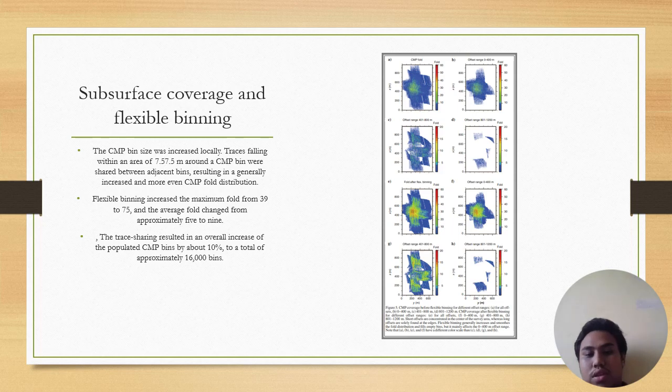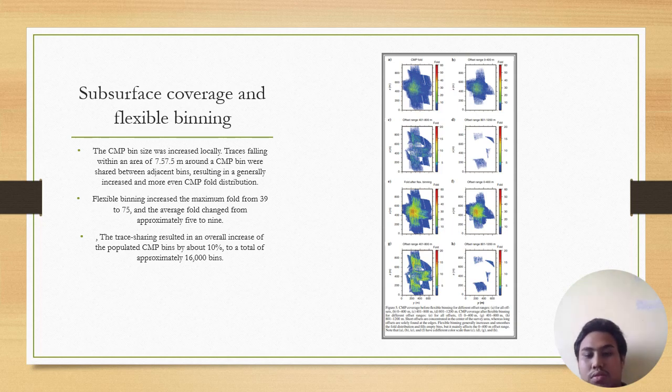As you can see on the screen, the picture shows the folding of the binning in A to E, the distribution of the fold, and the flexible binning increases the maximum fold from 39 to 75, which approximates the average fold change from 5 to 9.